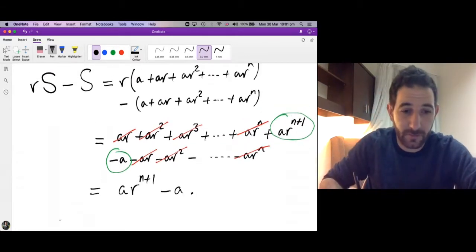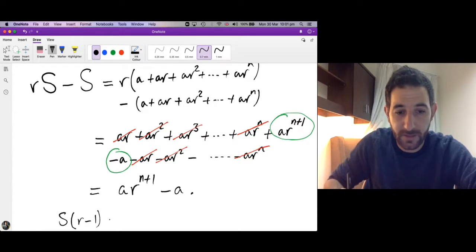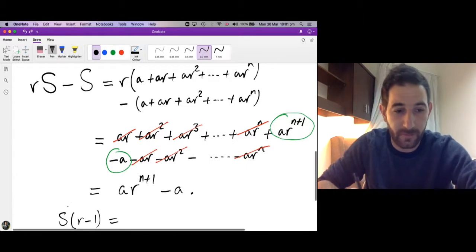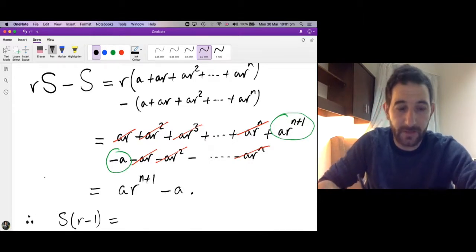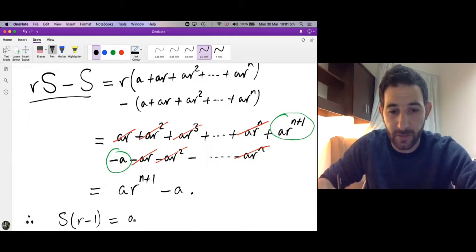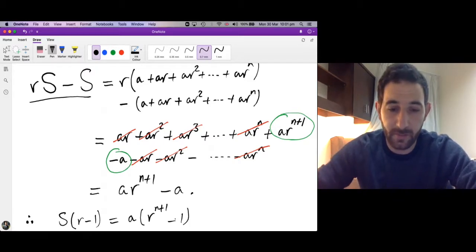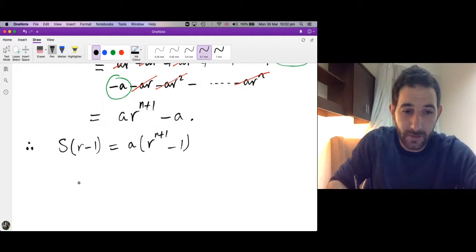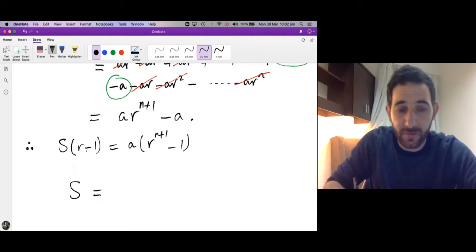This means, so let's take S as a common factor. So S multiplied by r minus 1 is equal to A times r to the n plus 1 minus 1, where we take A as a common factor. Now we can divide by r minus 1 because r is not 1, so this number is not 0.